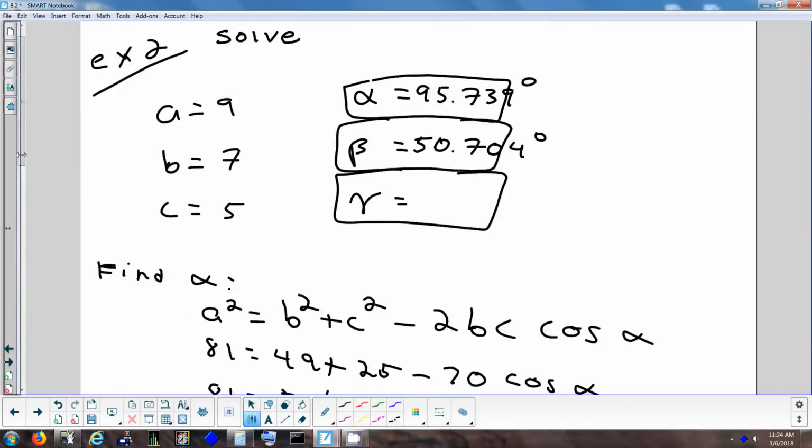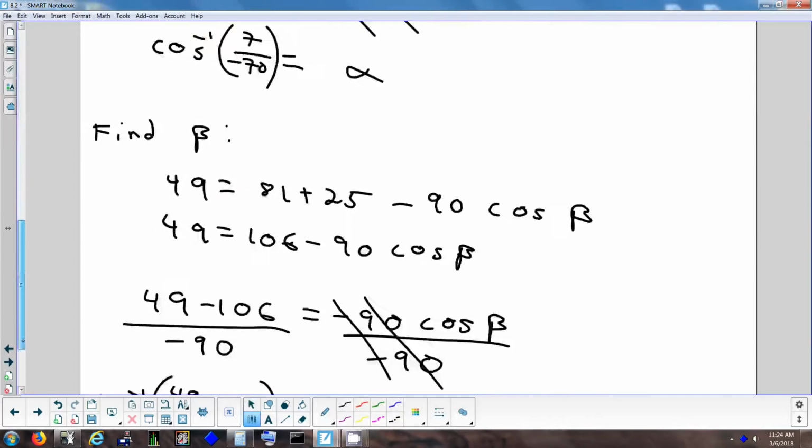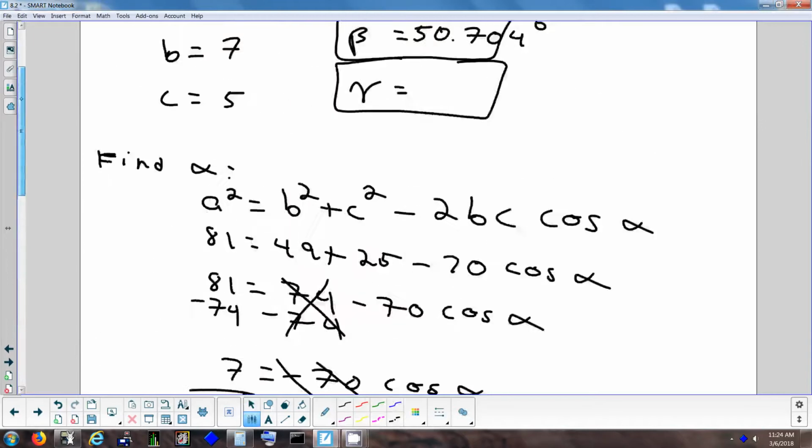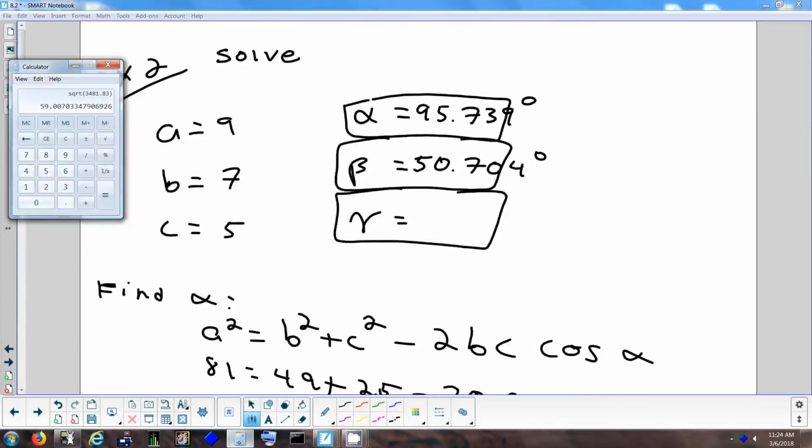Okay, any questions on how we found beta? Now gamma is easy. You could do law of cosines again, or let's just add up what we have and subtract from 180. So we got 95.739 plus 50.704.